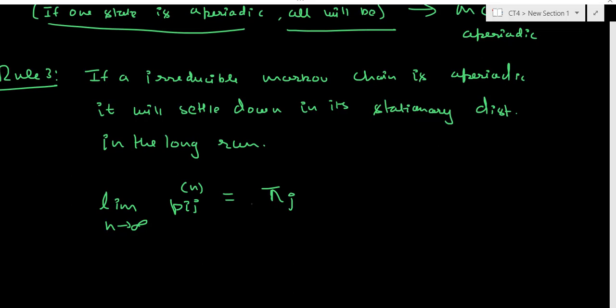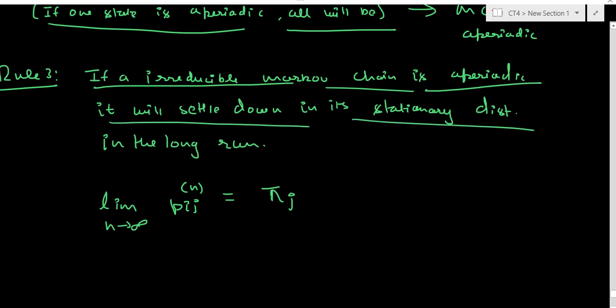Rule 3 says that if you have an irreducible Markov chain with a unique stationary distribution, and such a Markov chain is aperiodic, it will settle down in its stationary distribution in the long run.